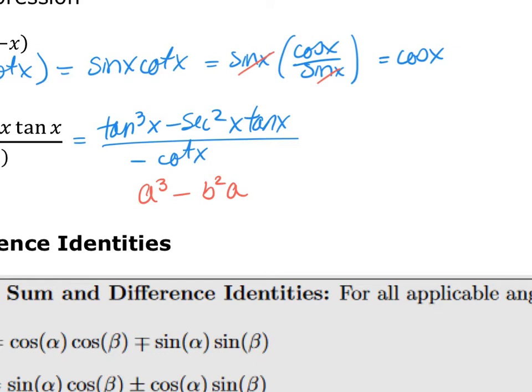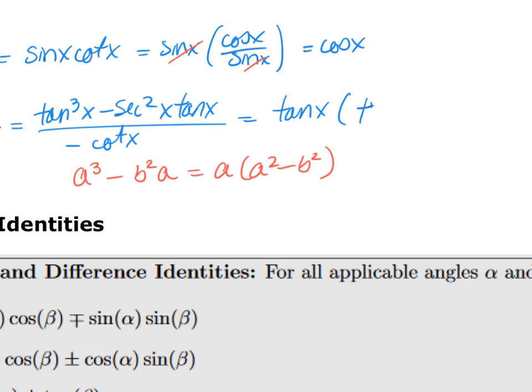Factor. What would I have factored out? So what do you think my a is in the numerator? It's tangent x. So this is going to be tangent x, and then I'm going to be left with the tangent squared x minus the secant squared x all over the negative cotangent x.